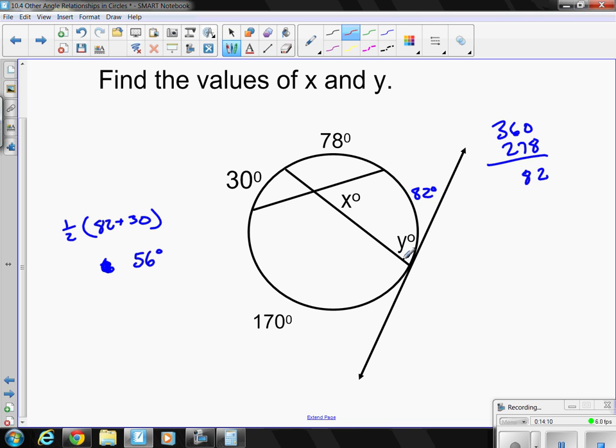To find y, I need to know this arc, right? That whole arc, 82 plus 78, would be 160. And remember, total distance around is 360. Total distance here, or measure, would be 180, so I had to take half of the 160. So y is going to equal half of 160, or 80 degrees.